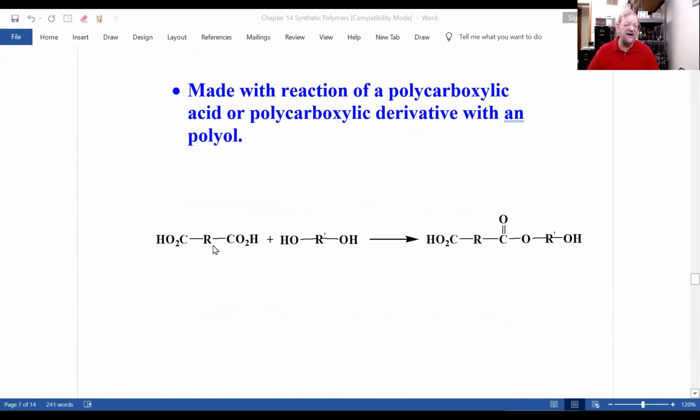If we take a diacid, di meaning two carboxylic acids, and a diol, ol ending for alcohol, di, two alcohols, you can make a polyester.